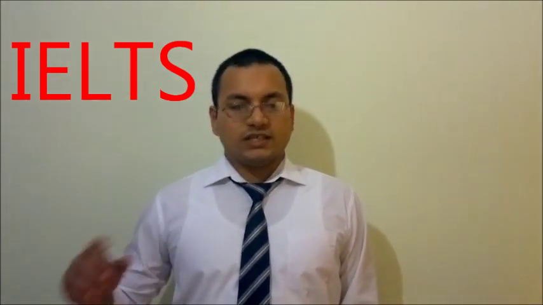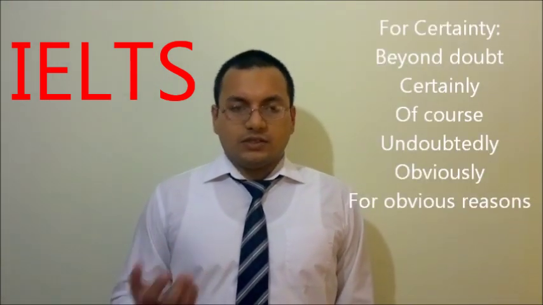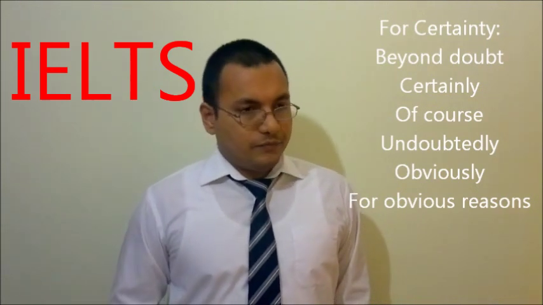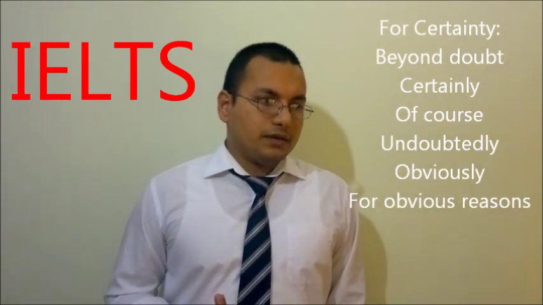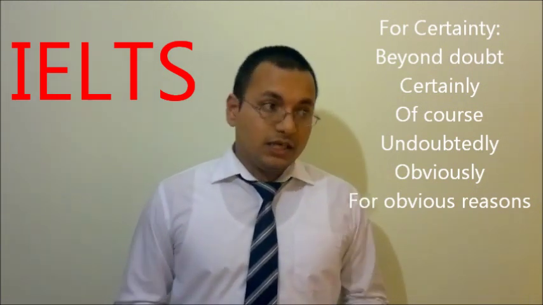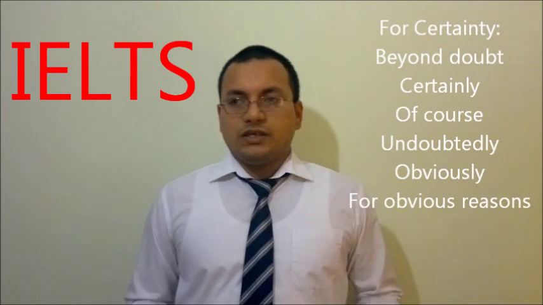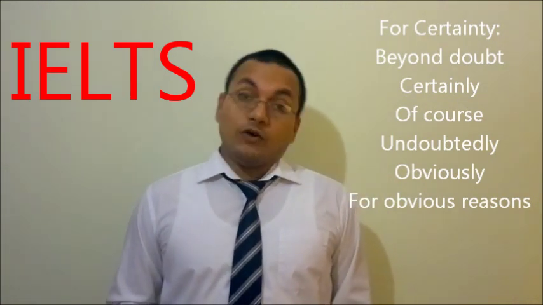If you want to put a connective before a sentence to emphasize its certainty, you can use connectives like beyond doubt, certainly, of course, undoubtedly, obviously, and for obvious reasons.